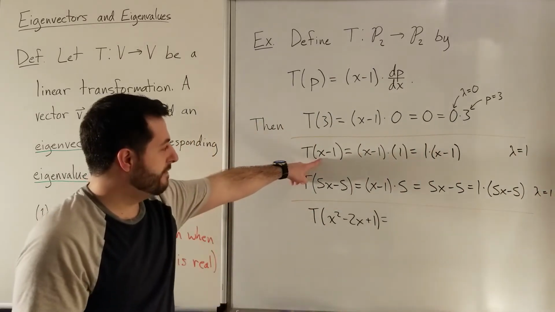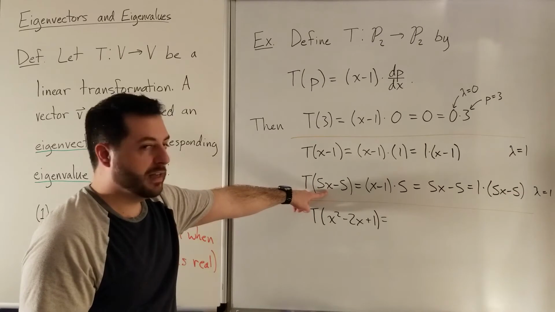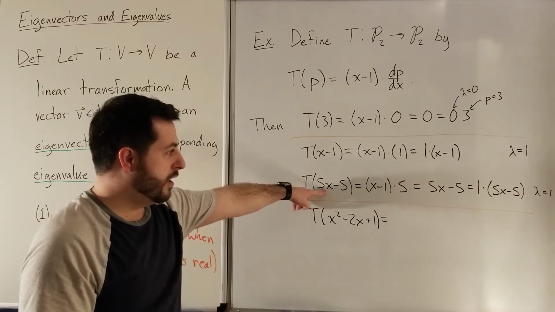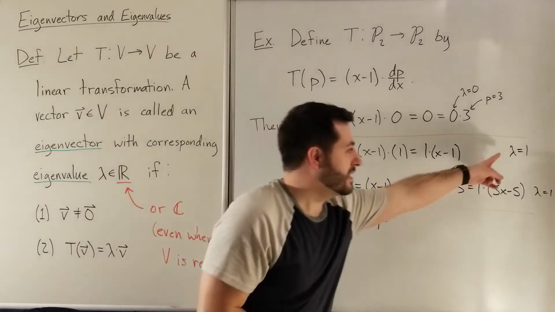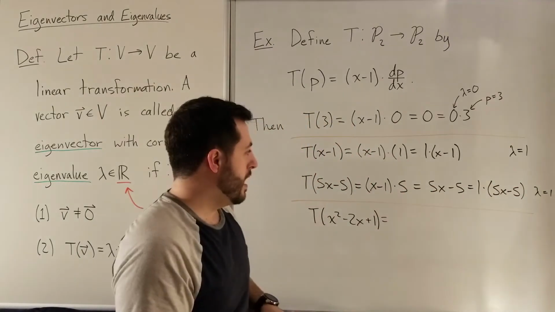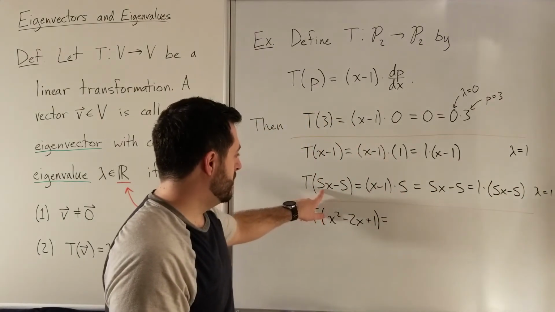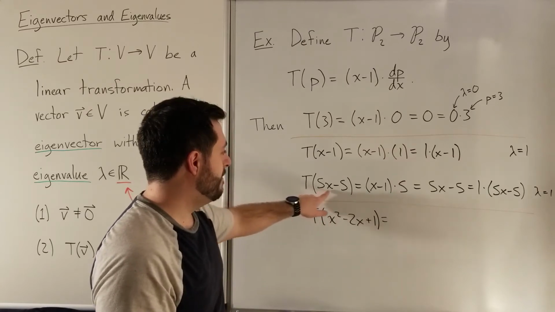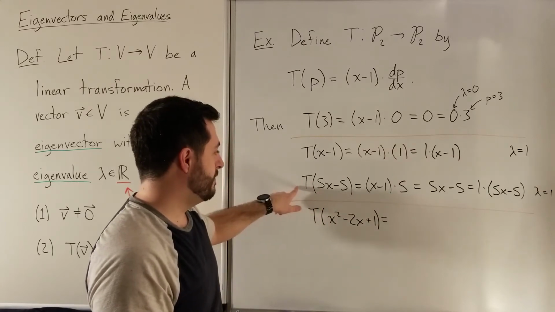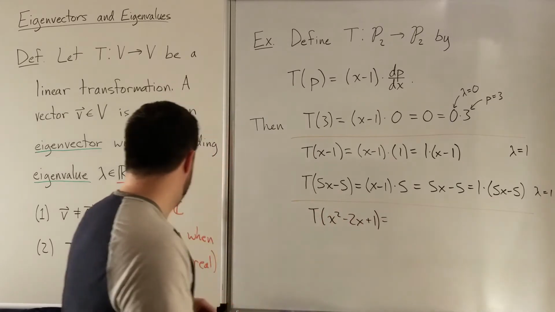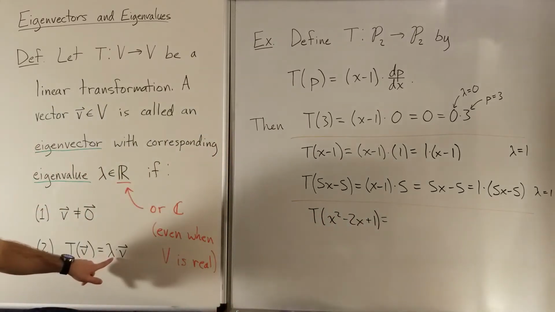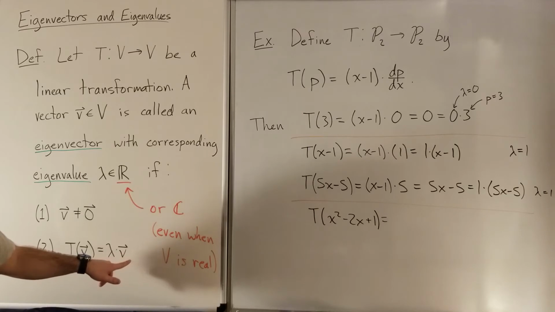If you take an eigenvector and scale it by any constant, you end up seeing that it is also an eigenvector with the exact same eigenvalue. And you can see that that 5 in there could just be pulled out. T of 5 times v is the same as 5 times T of v, because T is linear. Also, lambda times 5v is the same as 5 times lambda times v, right?